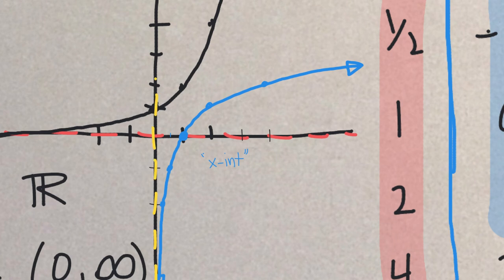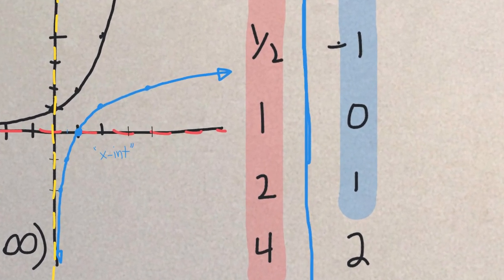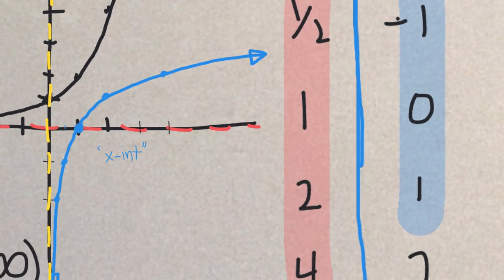We're never going to have any negatives in our logs. We can't take the log of a negative. So our graph for log base 2 looks like that. So let's talk about some things. How about this one's domain?